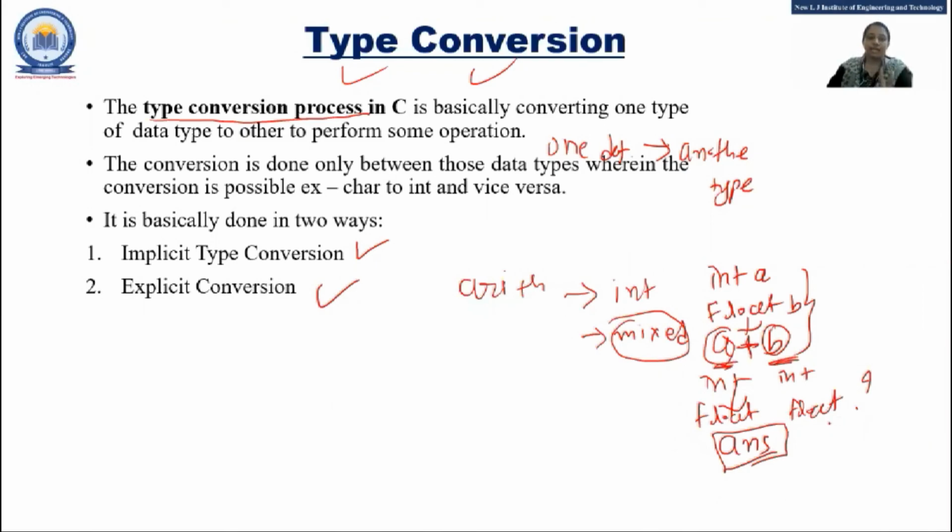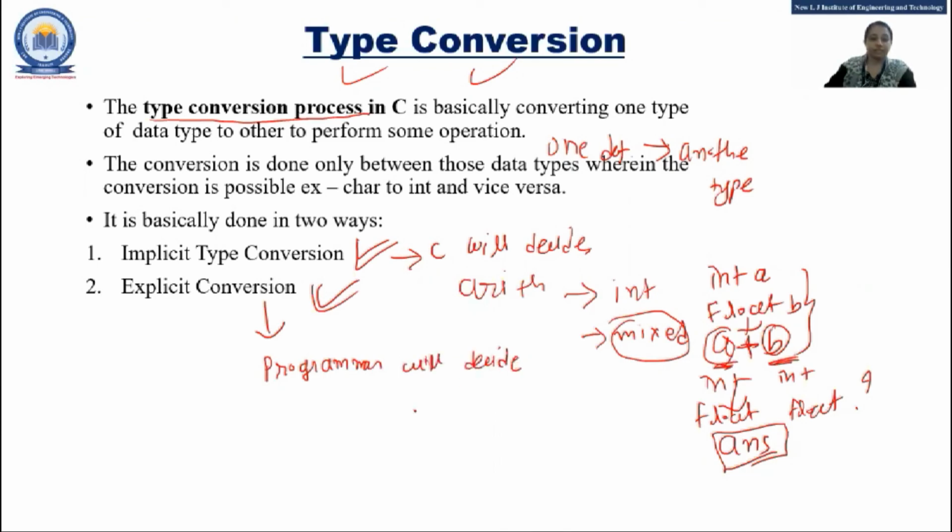There can be two ways: either implicit or explicit. I will explain the simple meaning. Implicit means C will decide. And explicit means the programmer will decide. Clear? This is the basic difference between these two.